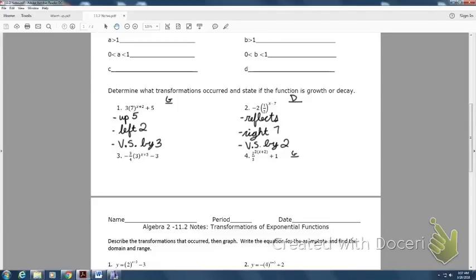Cooper, what is one of the transformations on it? Okay. Sorry, I zoomed into the wrong one. Jeremy, what's another one? Down 3. Okay. Josh, what's another one? Vertically stretched by 3.